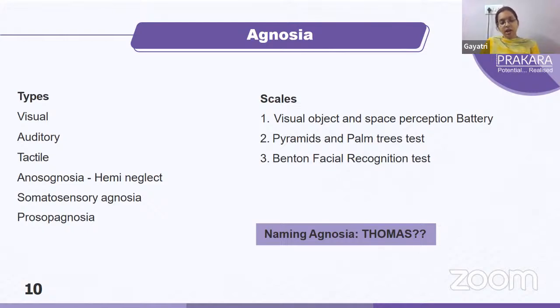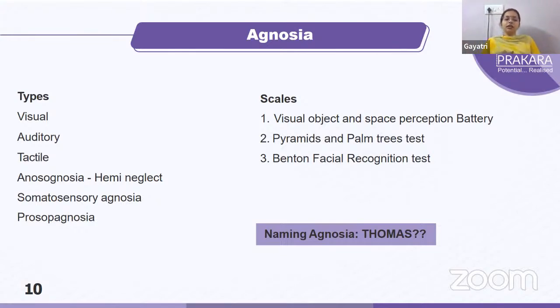Somatosensory agnosia, where they cannot understand what object they are touching or what fabric they are touching. For example, it can come under tactile agnosia, but tactile agnosia is confined to people touching them. Somatosensory is them going and touching.